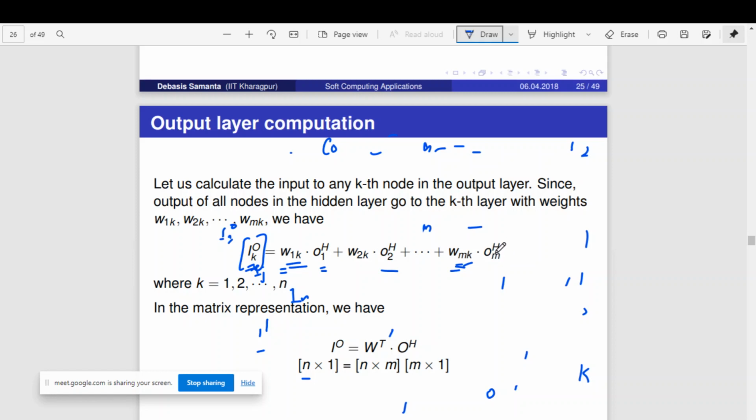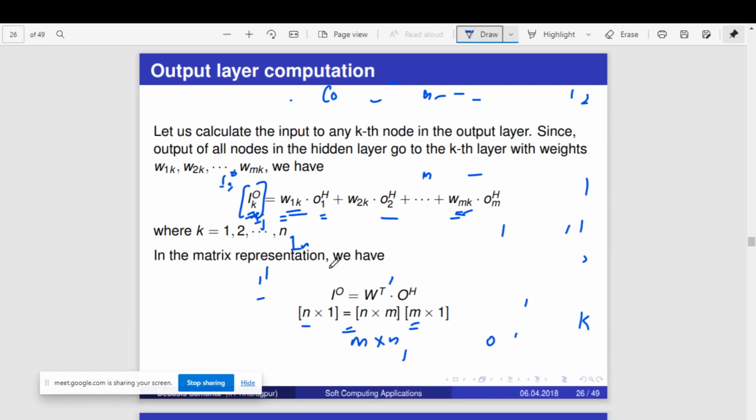OMH represents the output from the first neuron of the hidden layer, output from the second neuron, output from the mth neuron of the hidden layer. How many neurons do we have in the hidden layer? m neurons. So its size is m cross 1. Again W is m cross n. We cannot multiply m cross n with an m cross 1 matrix, so we take this transpose so that we can perform the multiplication. So this is how the input to the output layer is mathematically represented.